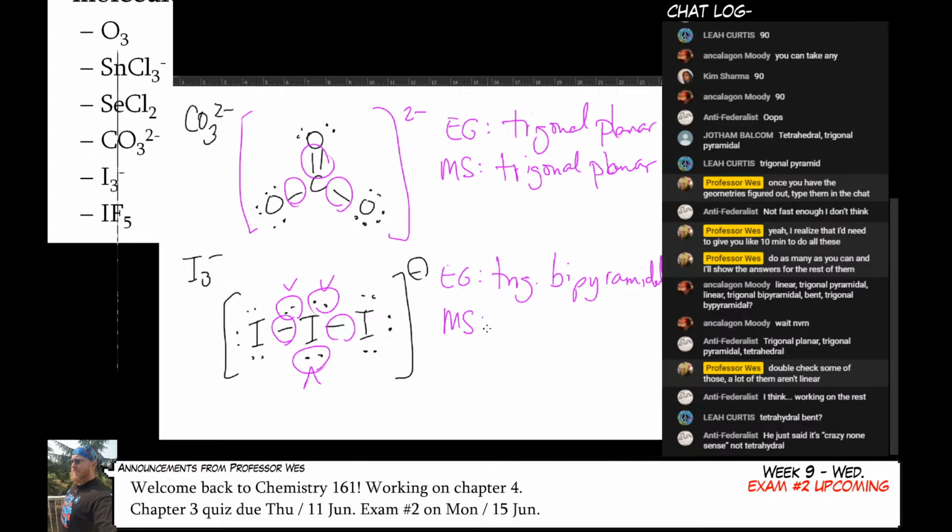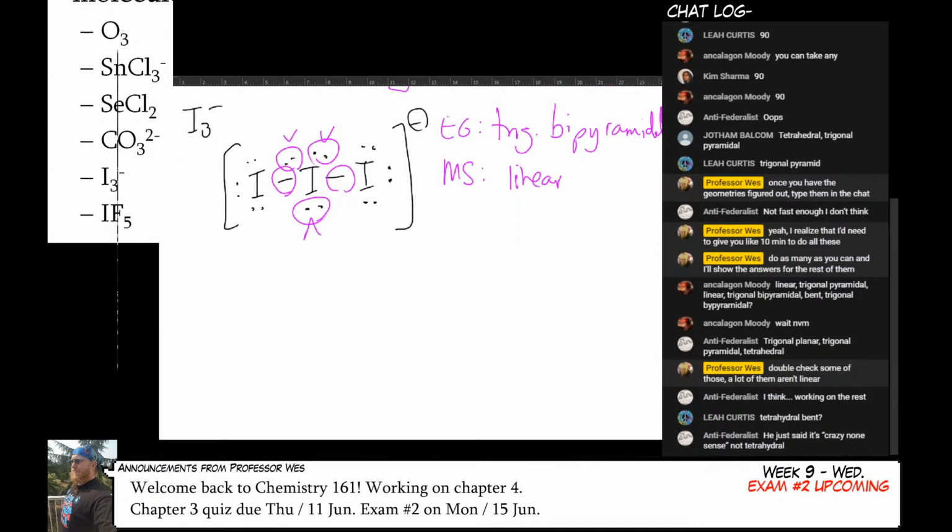So the molecular shape is linear. Triiodide is linear, which is very bizarre to me. But I also think is really neat. I sat there just pausing, trying to figure out how you got tetrahedral bent out of crazy nonsense, and I was like, huh?